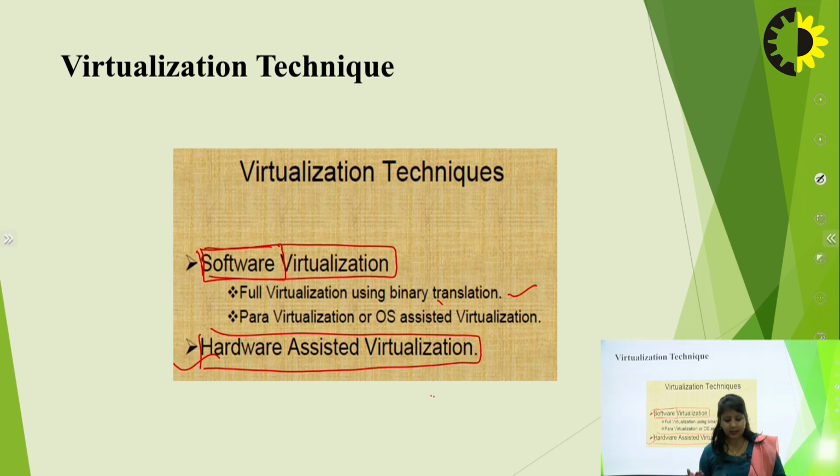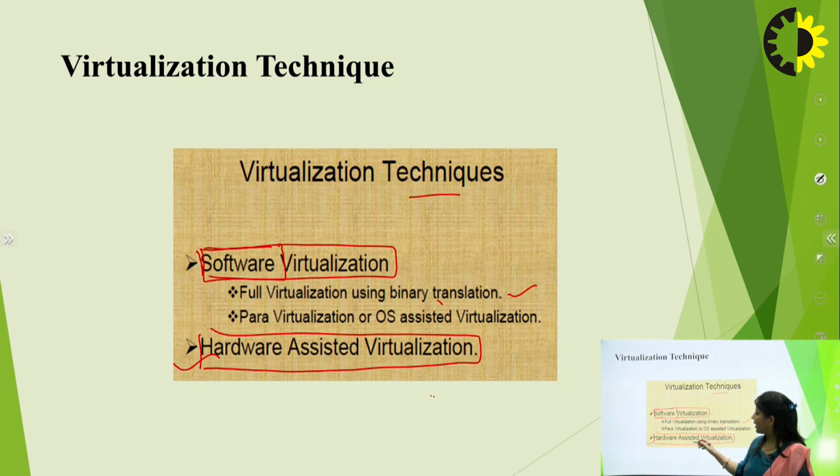So one server will convert into 6, 7 or 8 servers. With only one physical server we can operate 8 virtual servers. So we are going to apply these virtualization techniques.